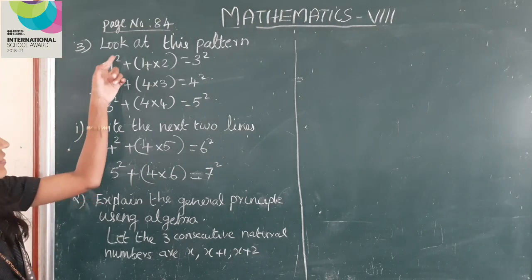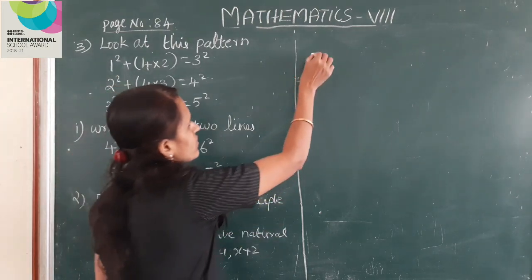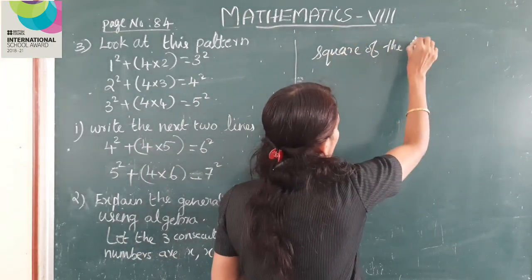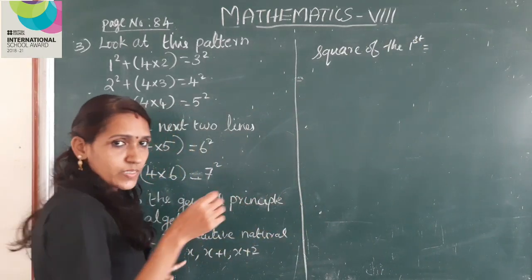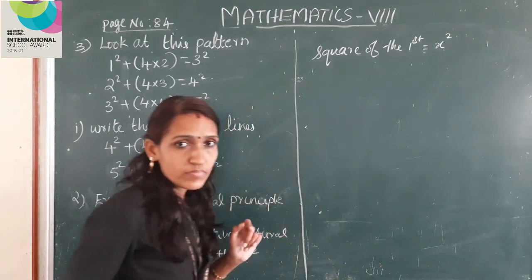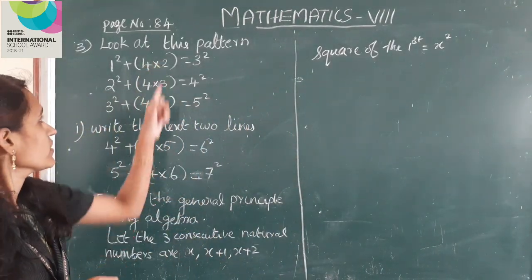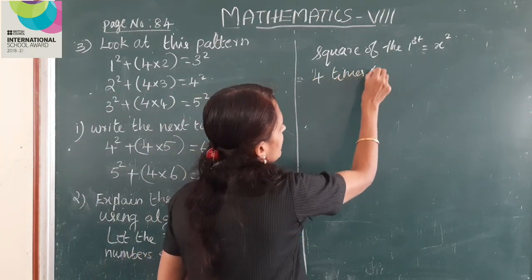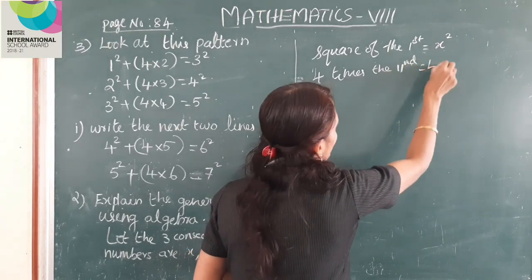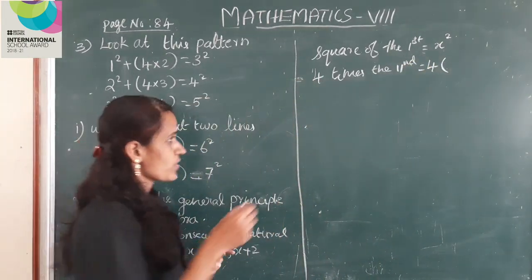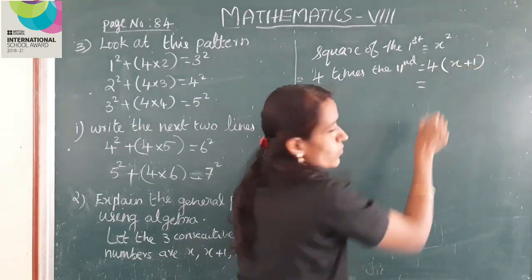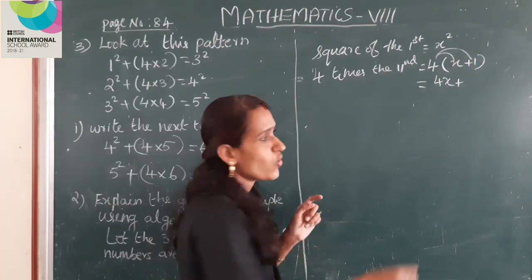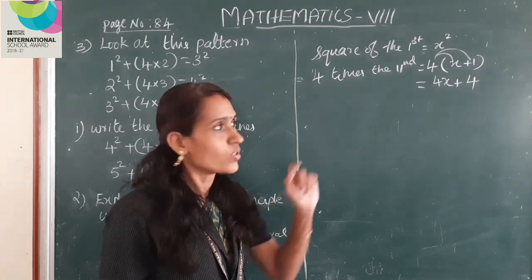Here the square of the first number is x, so x square. Next, 4 times the middle number, so 4 times the second number, x plus 1. This is equal to 4 into x, 4x, 4 into 1, 4, so 4x plus 4. It's a sum.